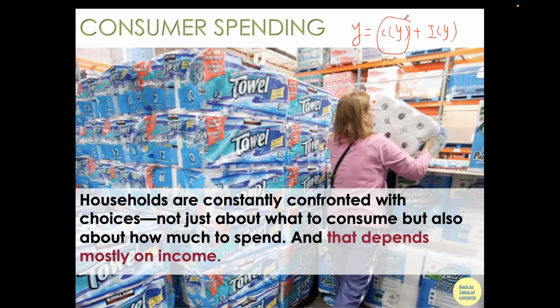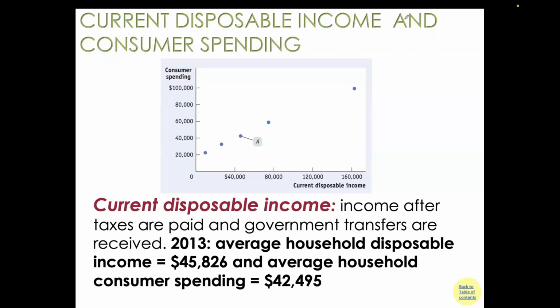And what is more important, pre-tax income or after-tax income? After-tax. And that's what we call your disposable income. Your disposable income is the most important factor that affects your consumption decision.